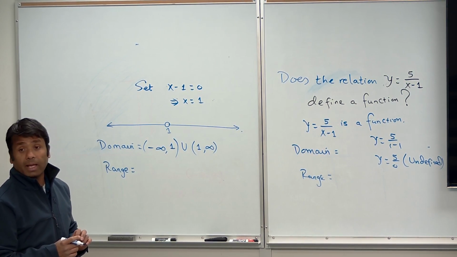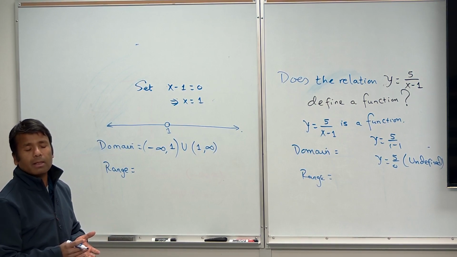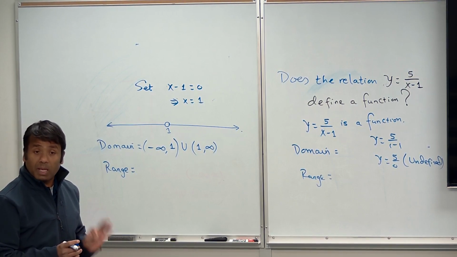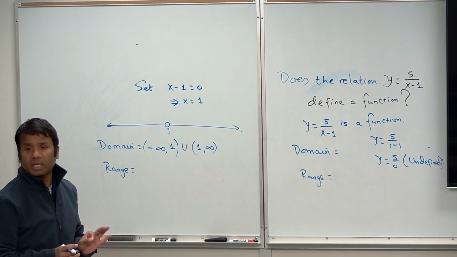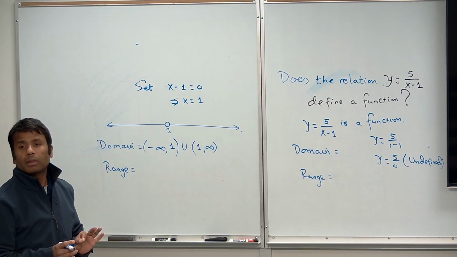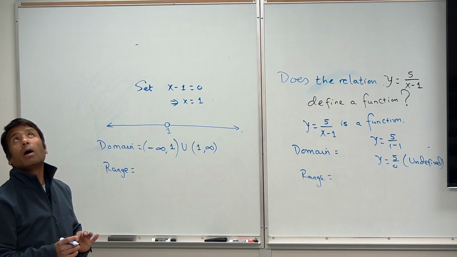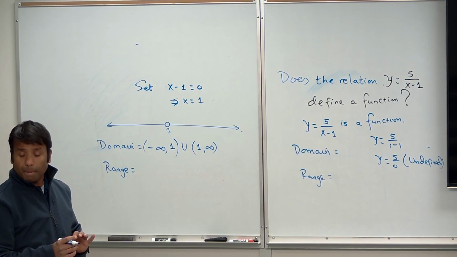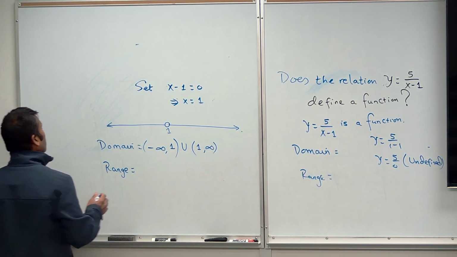But it can be negative. The only number y cannot be is 0. Y cannot be 0. So it'd be negative infinity, comma, 0, union, 0, comma, infinity? Yeah. Okay. So you are right.